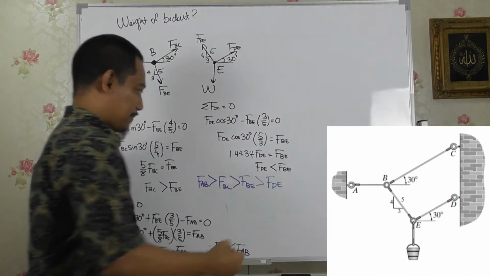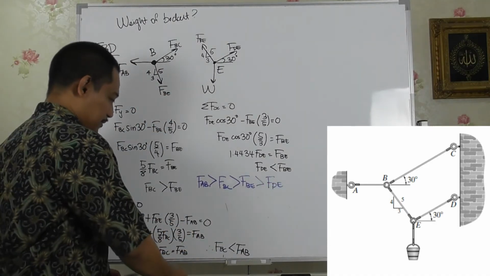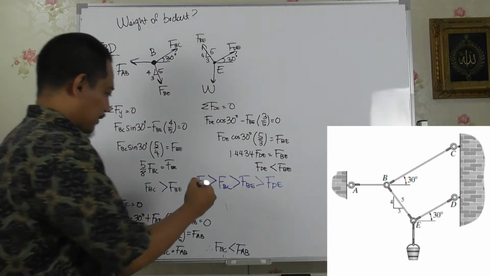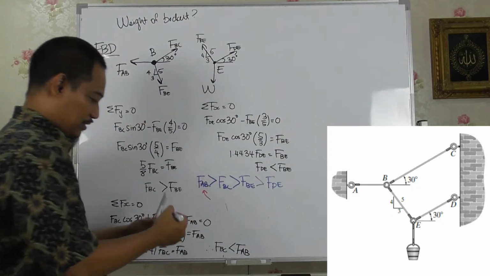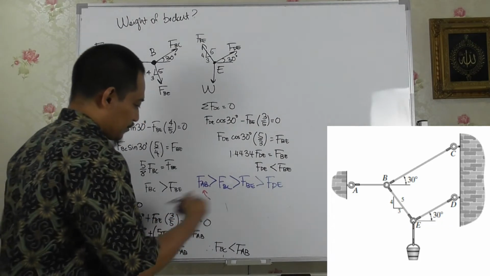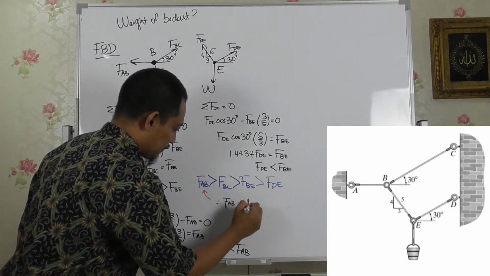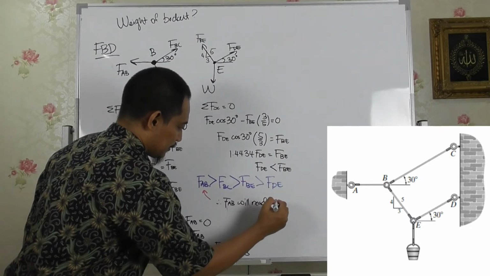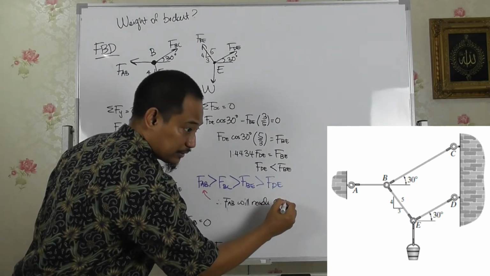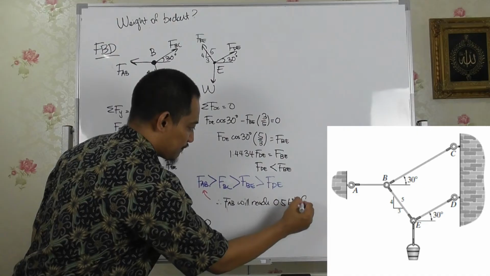So from here, obviously FAB will be the maximum one. FAB will reach 0.5 kilonewton first.